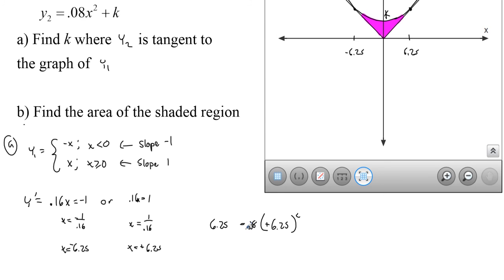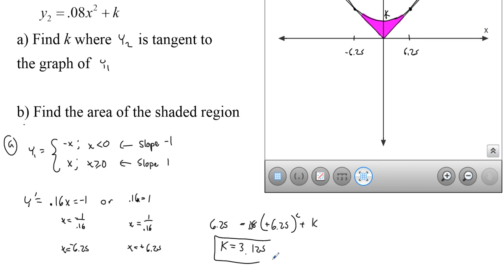So evaluating that, plus k, solving that for k, and again, you're just going to square this, multiply by 0.08, and subtract from both sides. You get a k equal to 3.125.